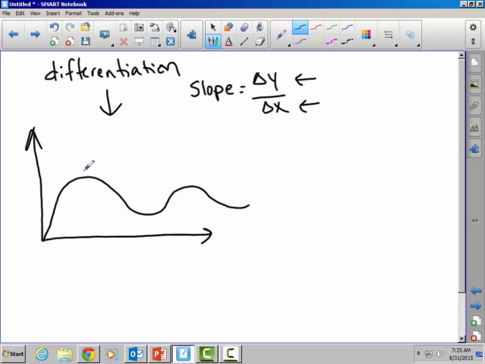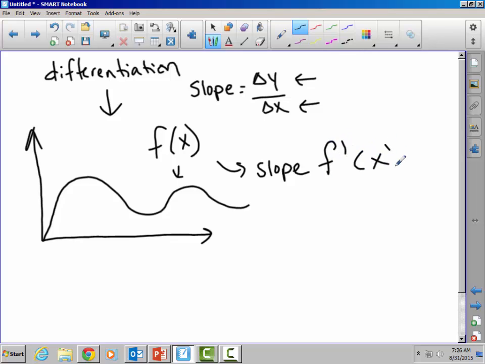When you have a function that looks like this, the slope is not constant, right? So if this is our graph, f of x, then the only answer for the slope is to say that the slope has to be another function. It has to be another equation. It can't just be a constant number.